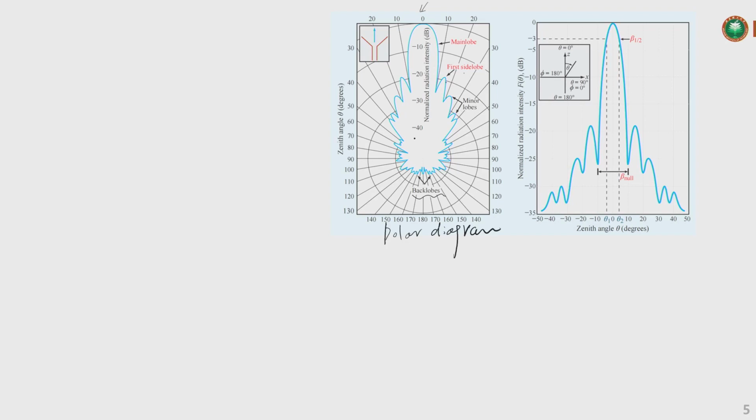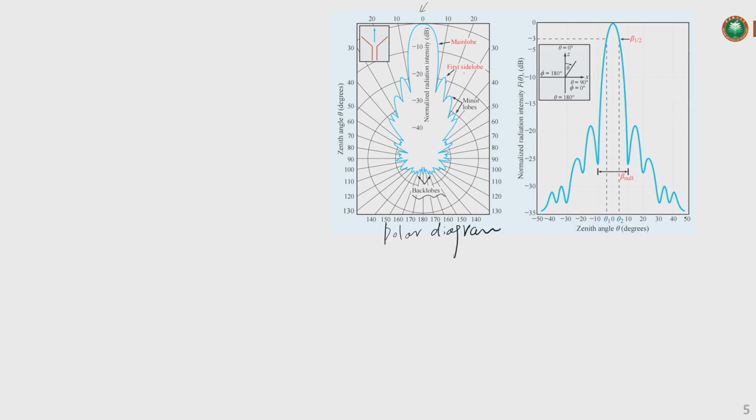So this is in the polar diagram, and it can also be plotted in the Cartesian coordinate system. Also, it can be expressed, for example, in a rectangular plot, and can be extended like this one. So from -50 to 50, we can just choose this part.